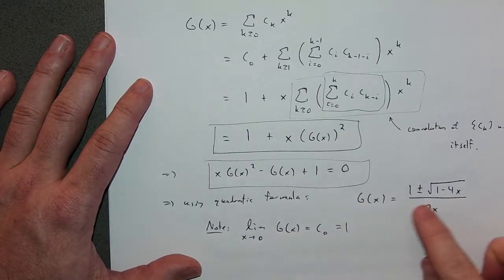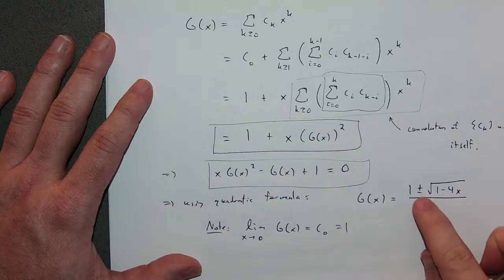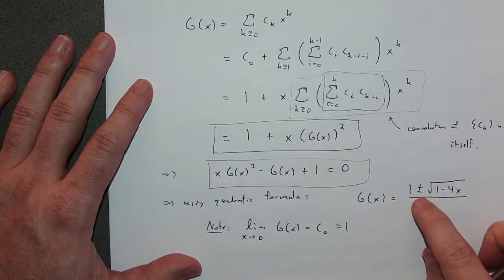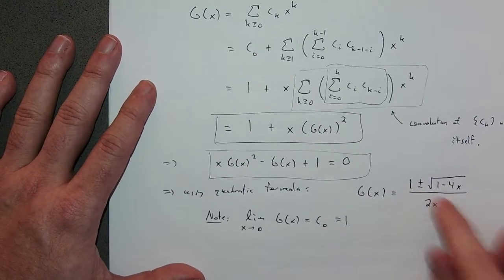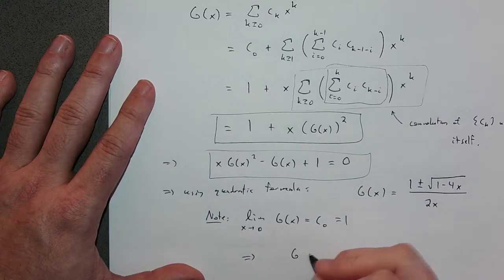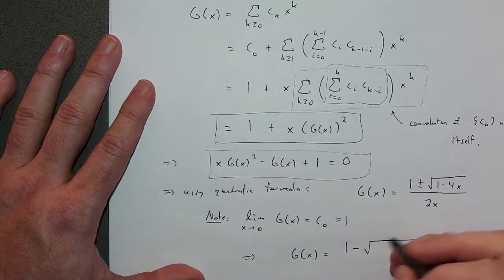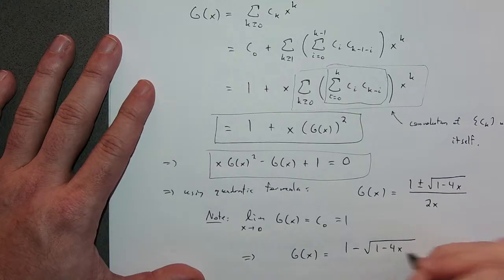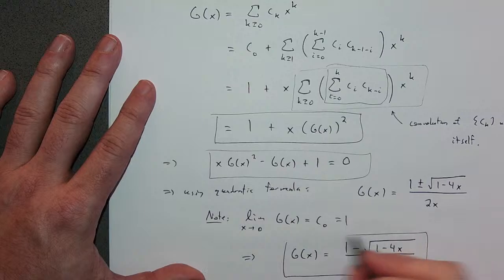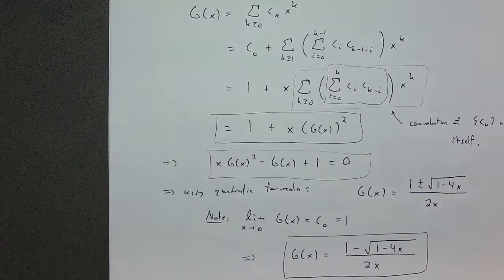And so that needs to match up with this. This only matches up if I take the minus here in this quadratic formula. So g of x is 1 minus the square root of 1 minus 4x over 2x. This is the one that actually makes sense.